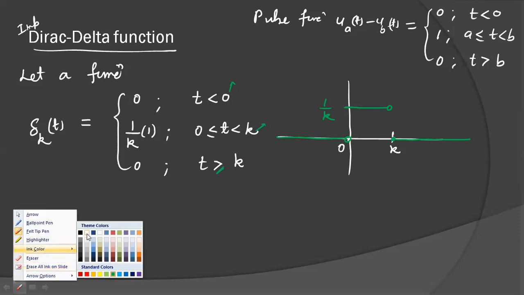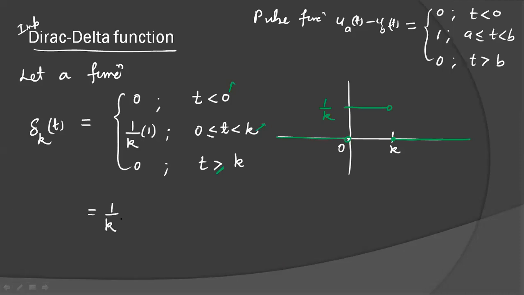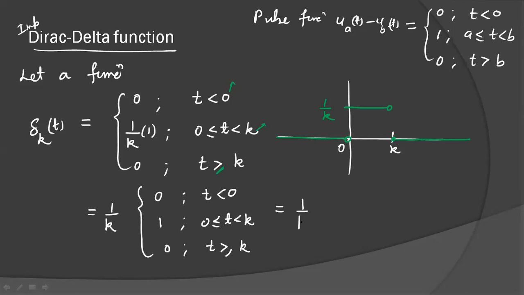If we take 1 over k outside, this becomes 0 when t is less than 0, 1 when it is between 0 and k, and 0 when t is greater than or equal to k. Now see again carefully. This can be written using the pulse function. If we compare, a is 0 here and b is k here, so it becomes u0t minus ukt. So this is your delta kt function written in the form of a pulse function.